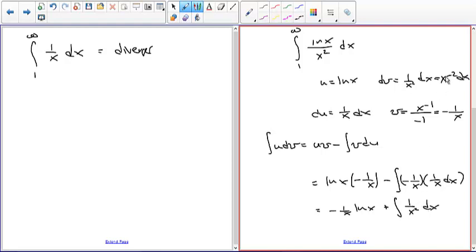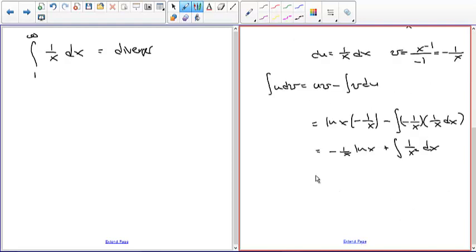Well, I know what that is. I just did it here, right? So you get negative 1 over x, natural log of x, minus 1 over x plus c. Okay, so that's the indefinite integral. So now we have to evaluate that.